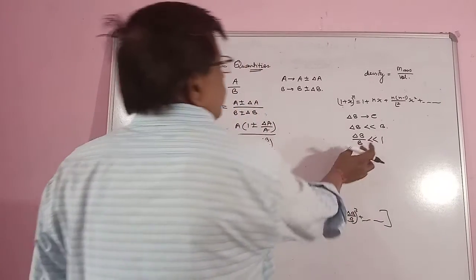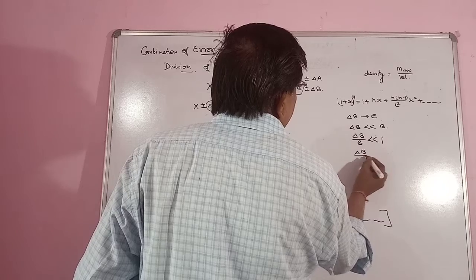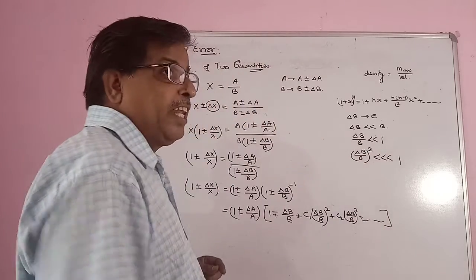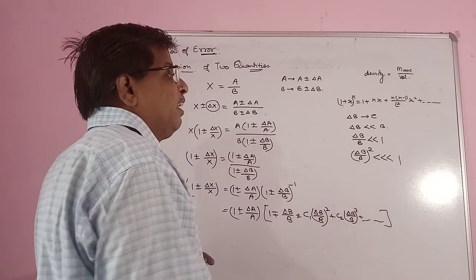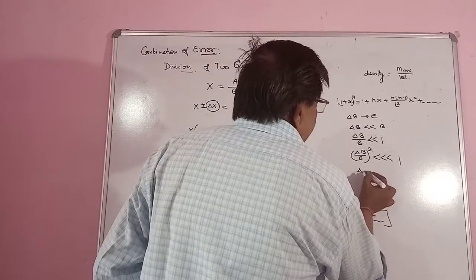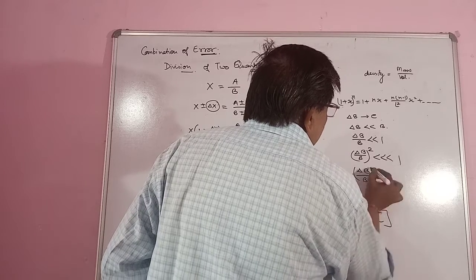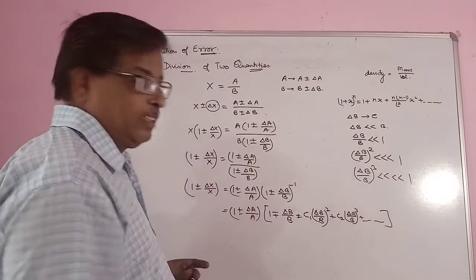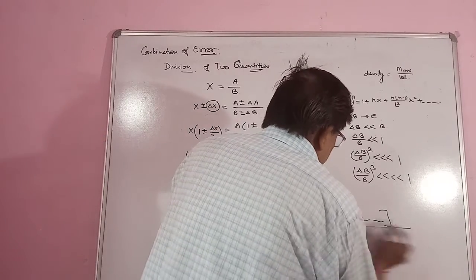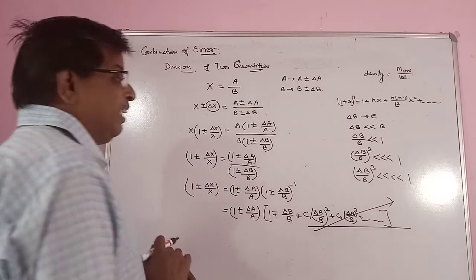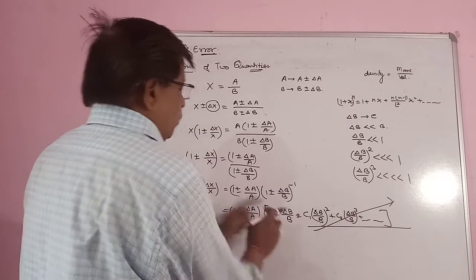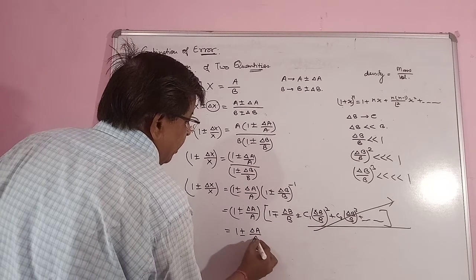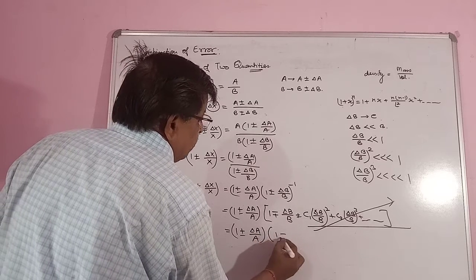When we square this term, it becomes much smaller, and when we cube it, it becomes even less. So all these terms become negligible as compared to 1, and we get 1 plus minus delta A upon A, into 1 minus plus delta B upon B.